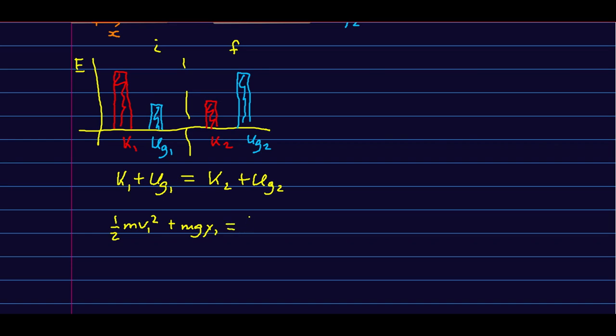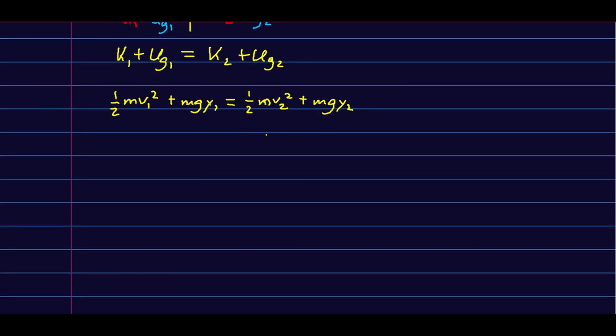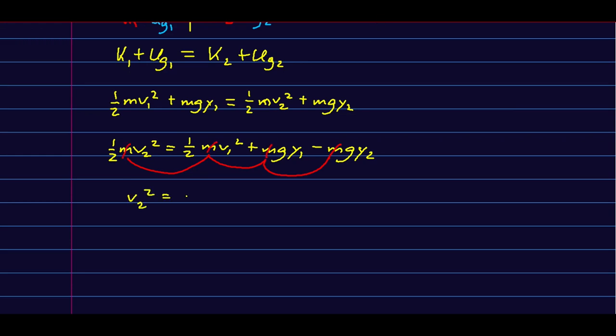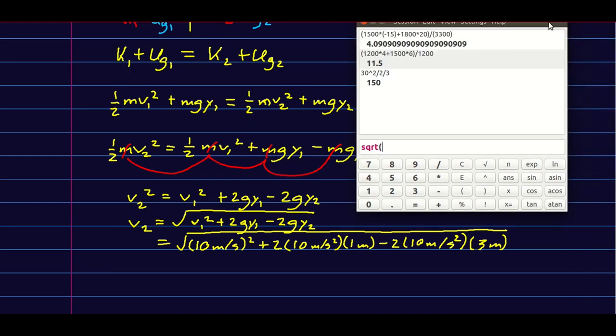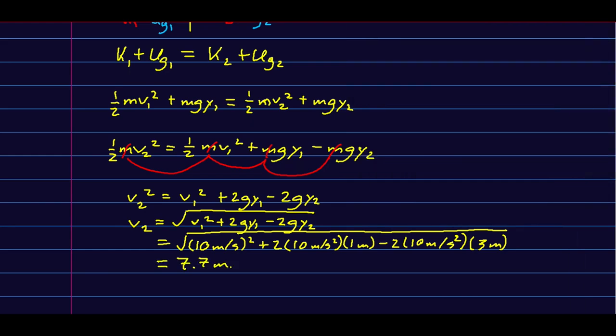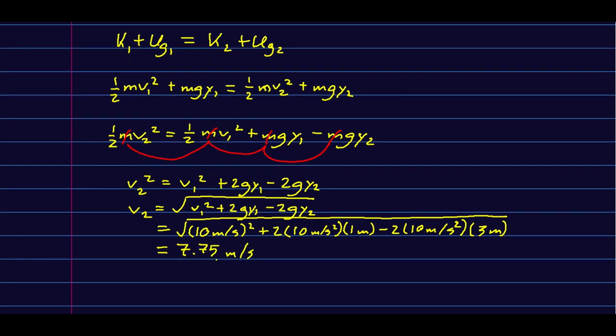The kinetic energy later is a half m v2 squared, plus the gravitational potential energy mg y2. Now we want to know how fast this is going at the end, so I'm going to solve for v2. I've come up with 7.75 meters per second.